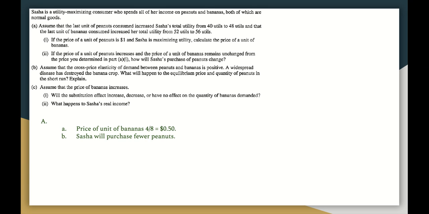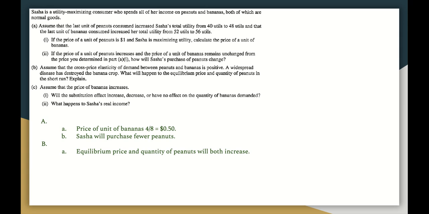If you have two different supply and demand curves, one for bananas, one for peanuts, the supply of bananas is going to decrease, which means that price is going to go up.